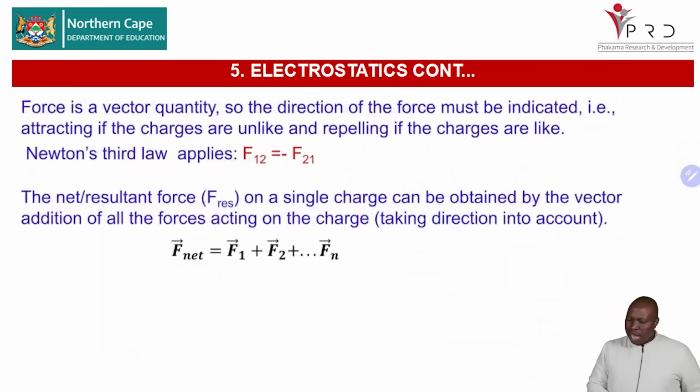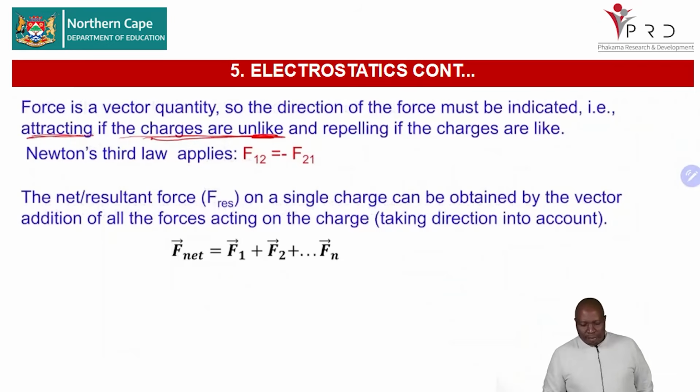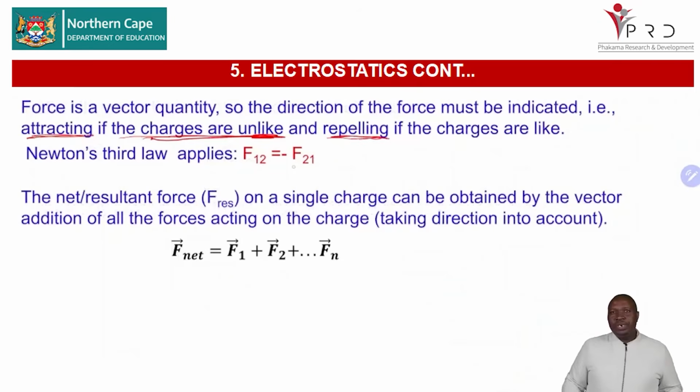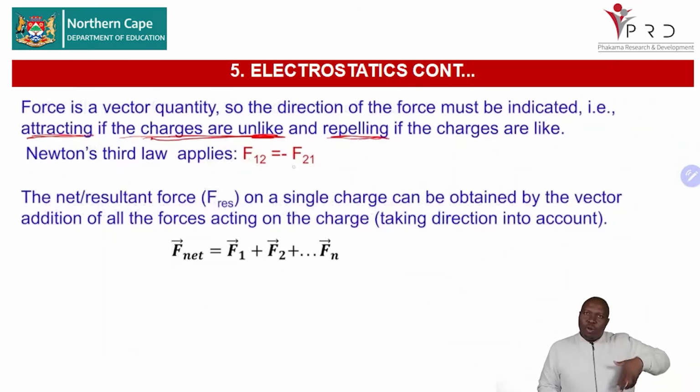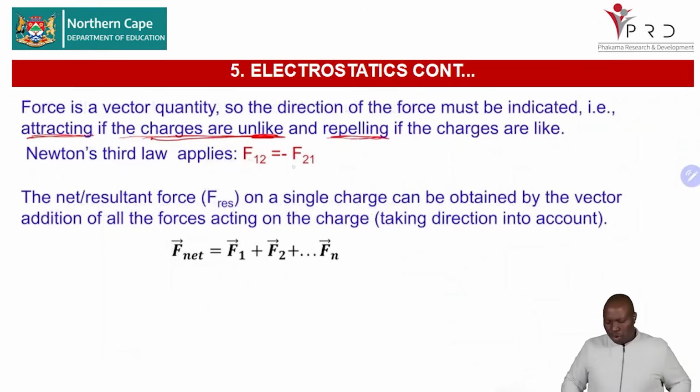If the charges are unlike charges, we have attraction. Unlike charges attract, but like charges repel. And they repel in accordance with Newton's third law. Remember Newton's third law: if an object A or an object 1 exerts a force on object 2, object 2 will exert an equal but opposite force on that object.